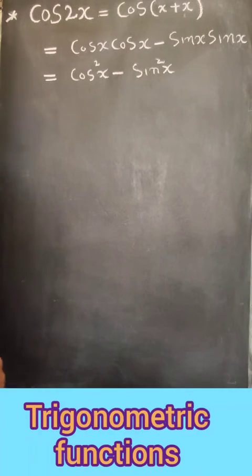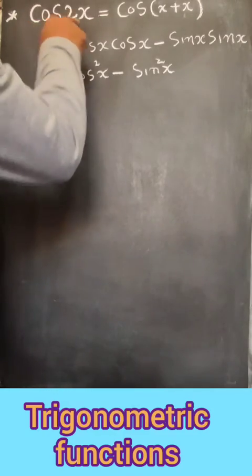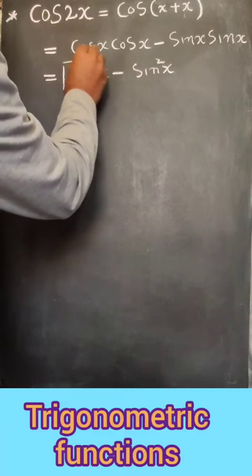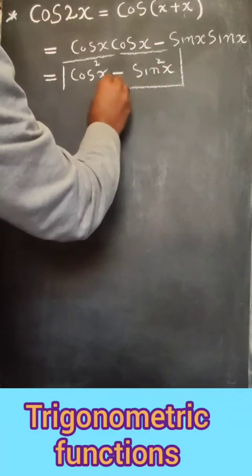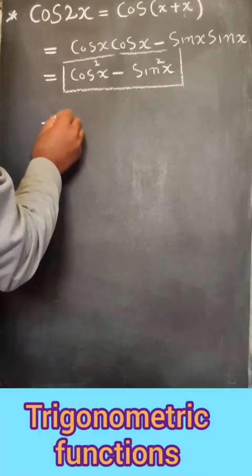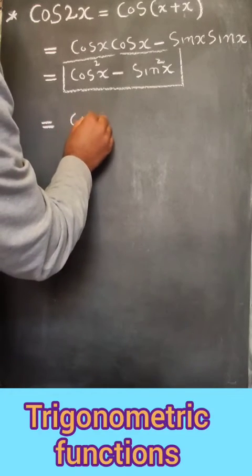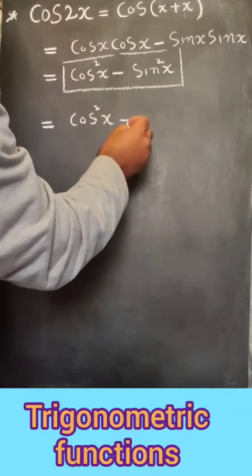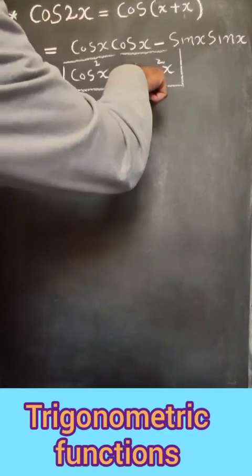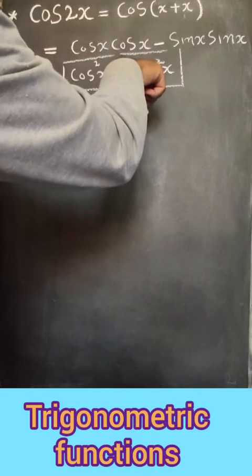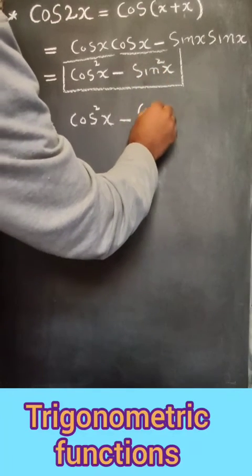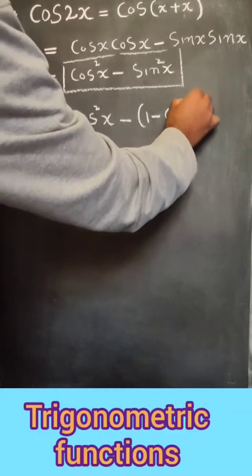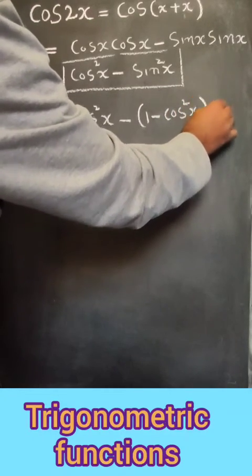Now we can write this cosine of 2x in terms of cosine only. For that, we can write cosine square x minus sine square x, and we can convert this sine square x into 1 minus cosine square x, because we know that sine square x is 1 minus cosine square x.